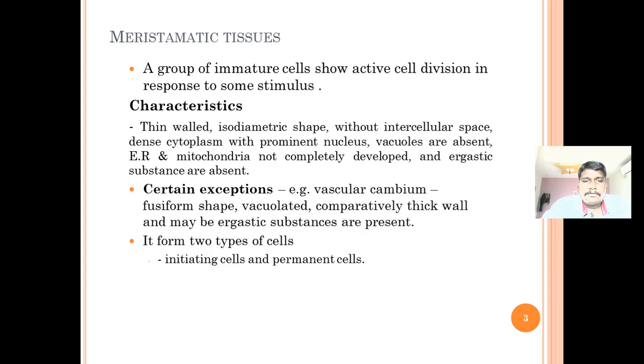The meristematic cells form two types of cells: initiating cells and permanent cells. The initiating cells always remain in an immature state and undergo continuous cell division. And the meristematic cells that become differentiated form permanent cells.